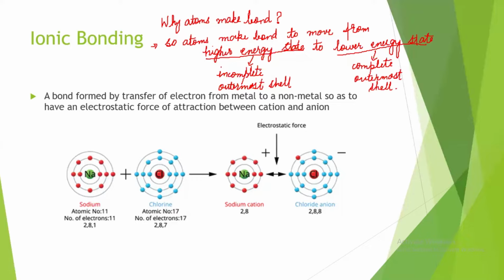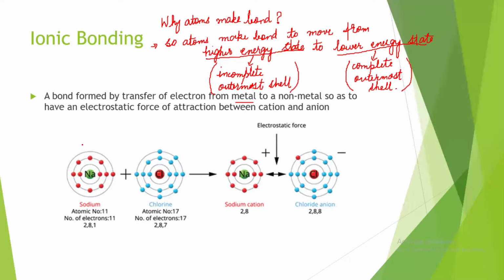So high energy state means incomplete outermost shell, and lower energy state means complete outermost shell. So what actually is happening? A bond is formed by transfer of electrons from a metal to a non-metal.